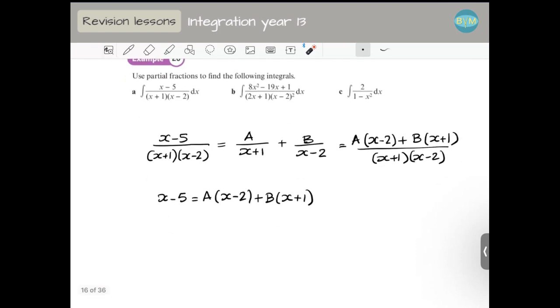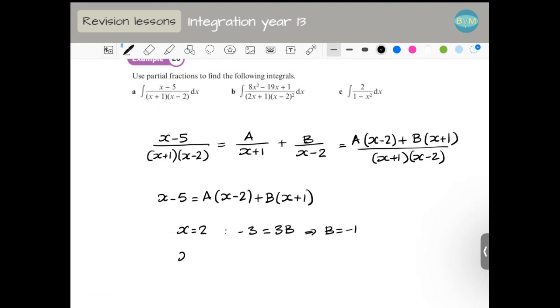If you compare coefficients, you have simultaneous equations. If you substitute, you find one coefficient at a time. For example, if I substitute x by 2 to make this 0, I have 2 minus 5, which is minus 3. This bracket is 0, and this one is 3b, so b is minus 1.